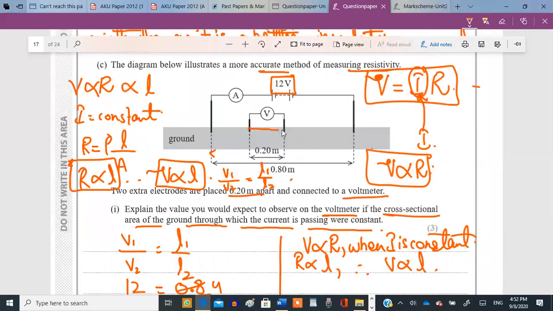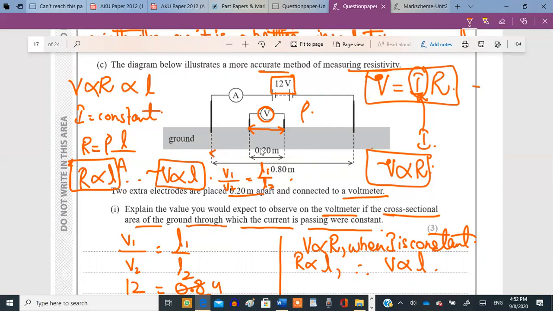Over here, they've given you a shorter length and they took the voltmeter's reading across this shorter length and used it to calculate the resistivity. Whereas for the first one, they used this entire 0.8 meters, and then used it to calculate resistivity.